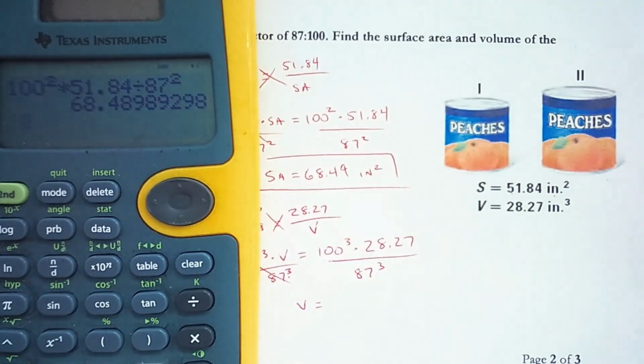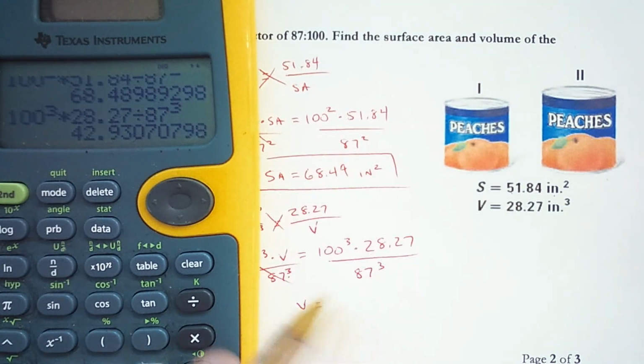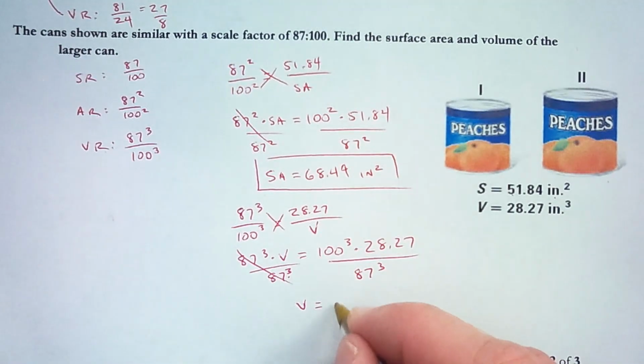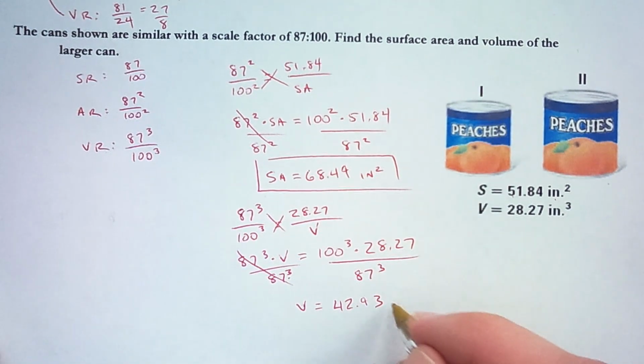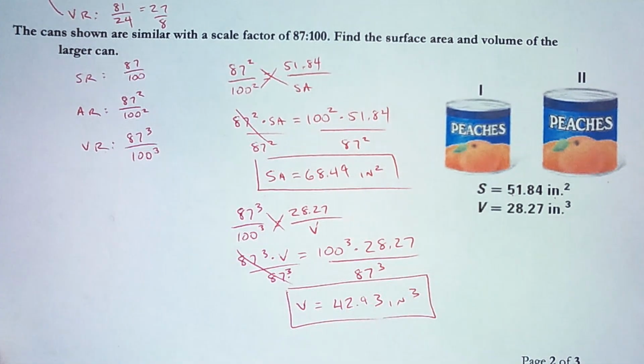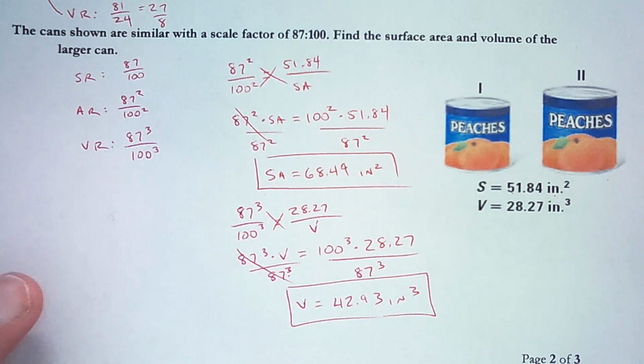So we have 100 cubed times 28.27 divided by 87 cubed. And we get 42.93. So 42.93 inches cubed is the larger volume.